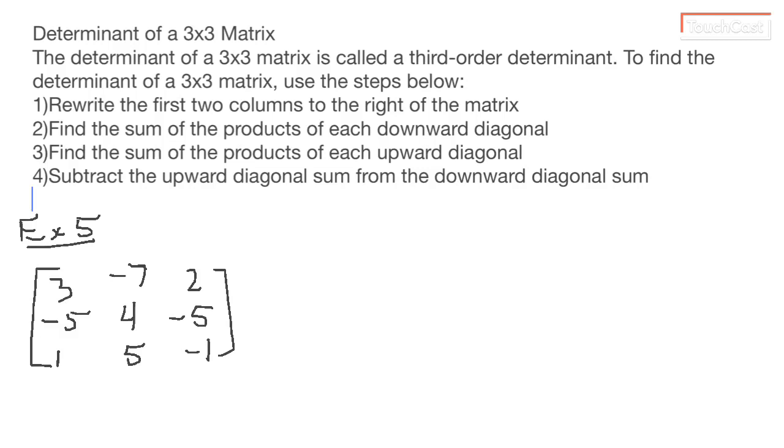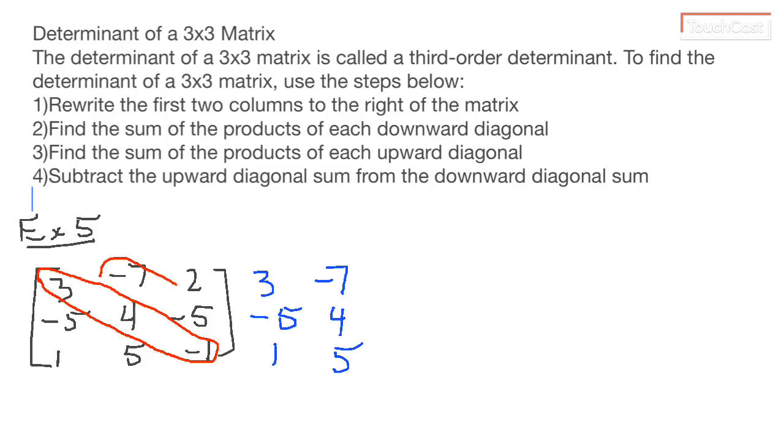So when they say rewrite the first two columns to the right of the matrix, they mean just on the outside to the right of the matrix, go and rewrite those first two columns. Then diagonally, we're going to go from left to right and create some diagonals.